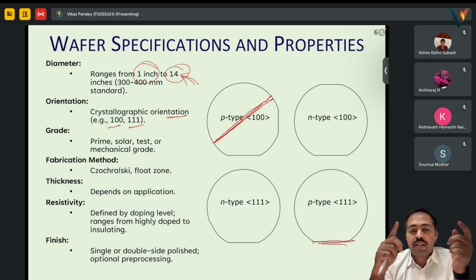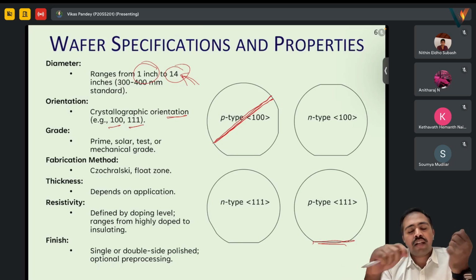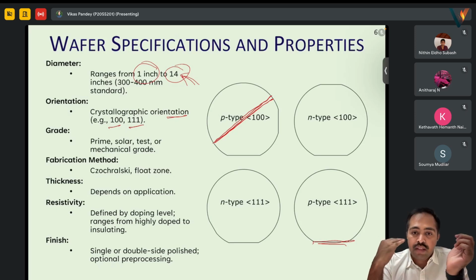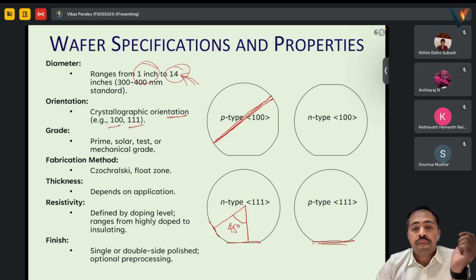If it is circular with one big single cut, that is a p-type 111 wafer. If it has one cut and a small cut at around 45 degrees, this is n-type 111.